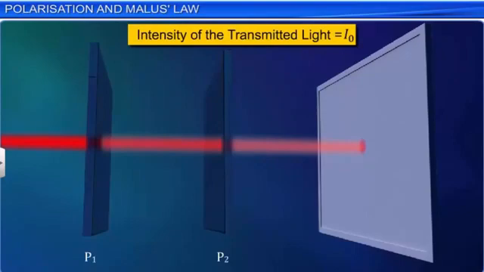The intensity of the light falling on the screen depends on the orientation of the Polaroid P2. If we start rotating the Polaroid P2, the intensity of light incident on the screen reduces to nearly zero at one position and reaches its maximum when turned by 90 degrees from the position of zero intensity.